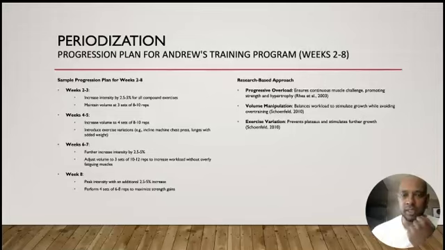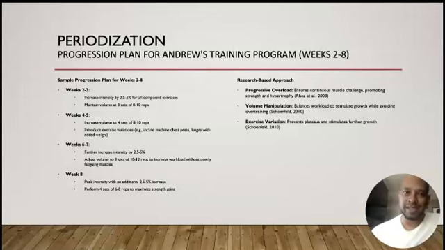The volume initially, we started performing 3 to 4 sets of 6 to 12 reps per week. In the second and third week, we maintained the volume at 3 sets of 8 to 10 reps. In weeks 4 to 5, we'll be increasing the volume to 4 sets of 8 to 10 reps.